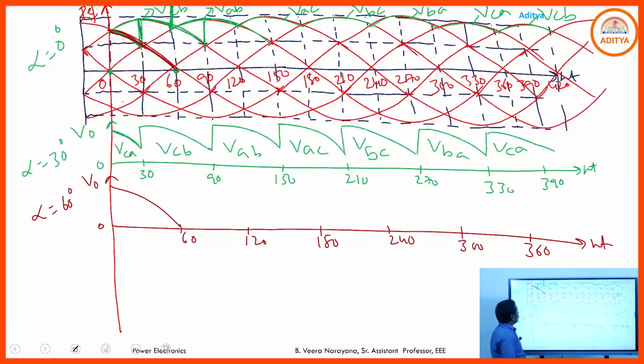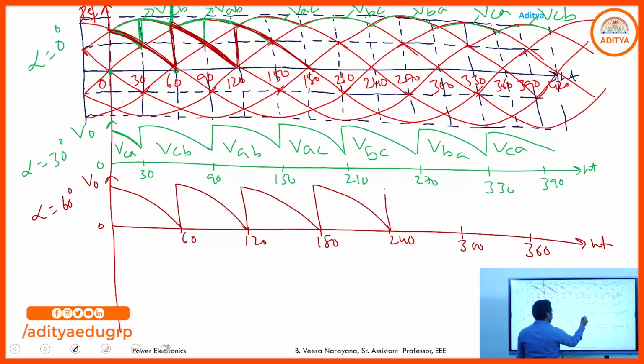60 to 120 is VCB, then you go through the VCB curve. So 60 to 120, that portion. 120 to 180, VAB, you follow the VAB curve.